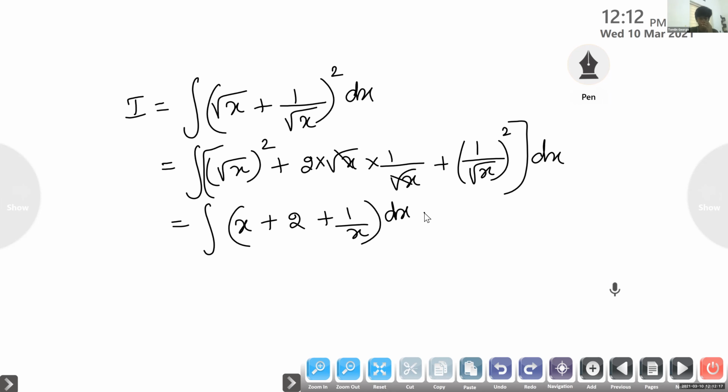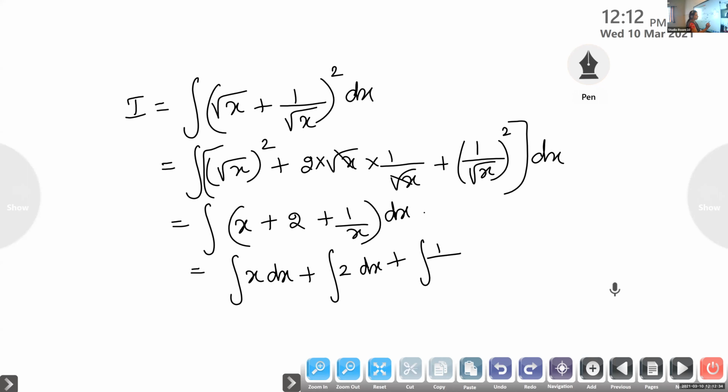Yes, ma'am. So we are using the identity a plus b the whole square: a square plus 2ab plus b square. Now split this: integral of x dx plus integral of 2 dx plus integral of 1 by x dx.